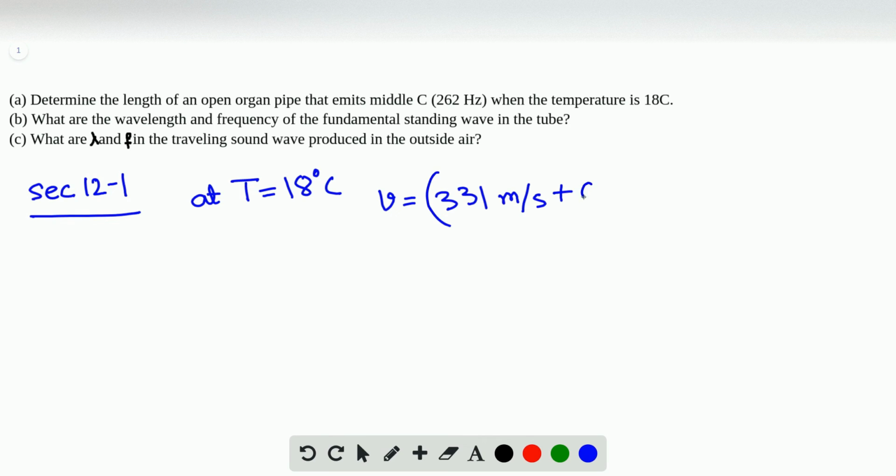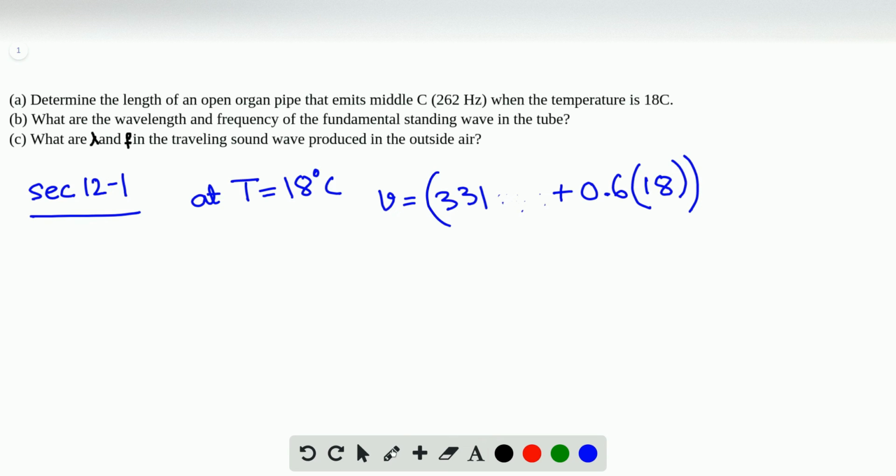Then we'll have a factor of 0.6, and then we multiply that with the temperature in Celsius. So that gives us the velocity of sound at 18 degrees Celsius.